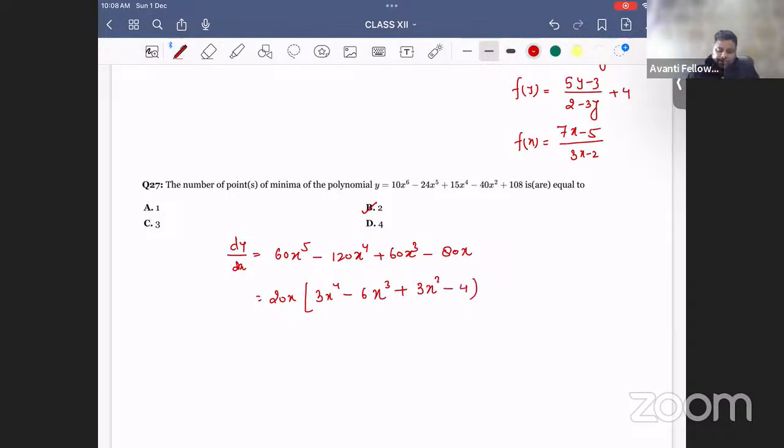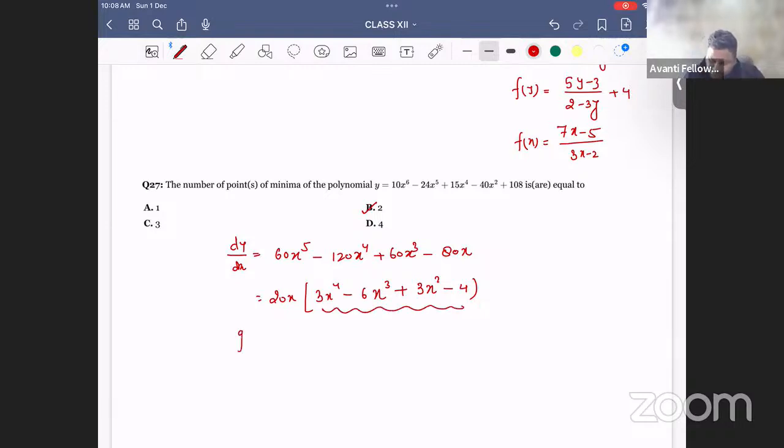Now, what you need to do is identify the number of roots of this biquadratic. But see, one root is x equal to 0, that is very much obvious. Am I clear?